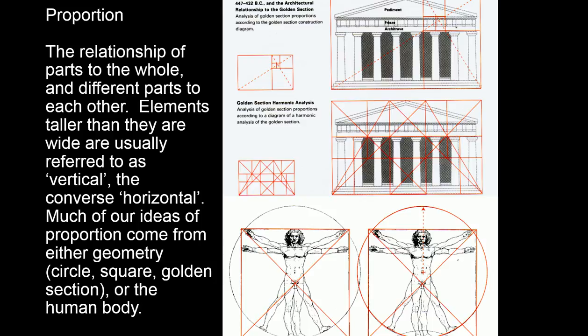All right, so proportion. I talked about the notion of proportion, and I think this is the Vitruvian Man, right? Your body becomes the thing by which you measure other things.